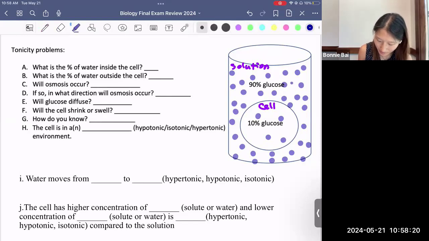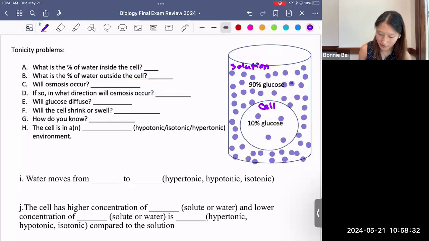Let's just make it really clear. Let me just put even more dots on the outside, closer together. So the idea here is that we have high concentration of the solute, okay? And in case you are confused, the dots are the solute and the empty space is the water.